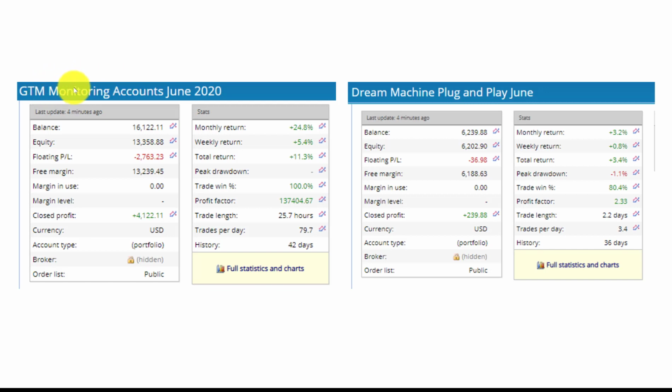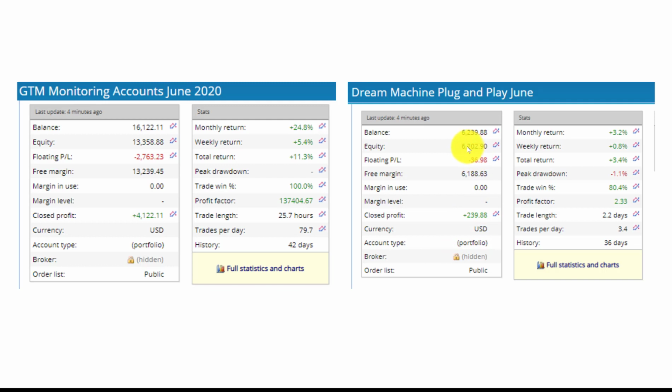Currently, our GTM monitoring accounts are doing quite well. As you can see, there's almost a $1,300 profit on the GTM monitoring accounts. These are live accounts trading our plug-and-play GTM settings. The Dream Machine is also doing well.